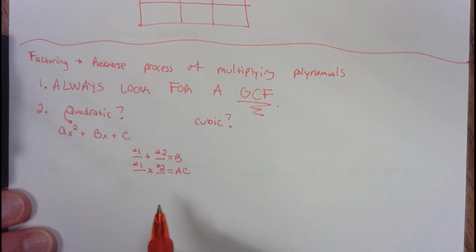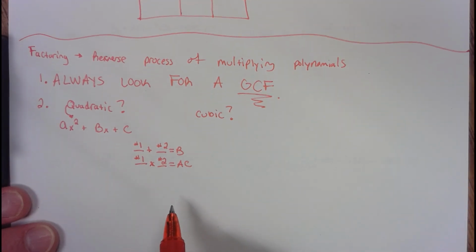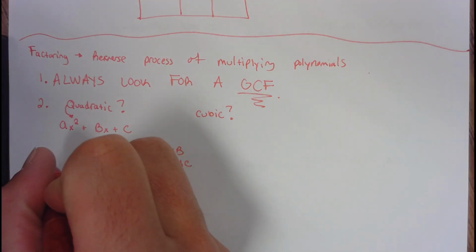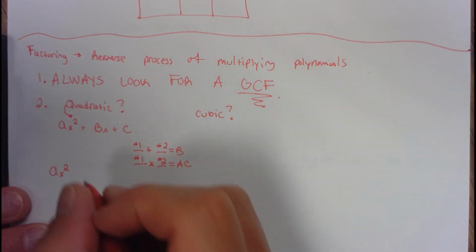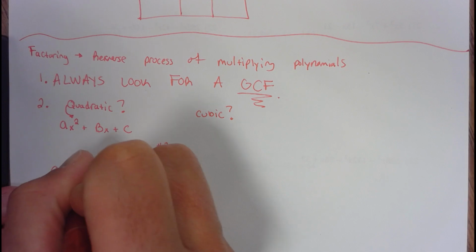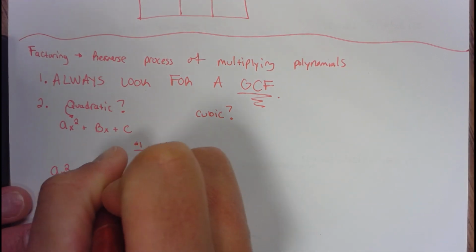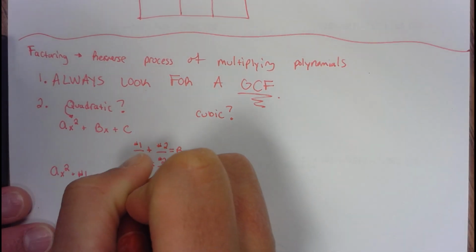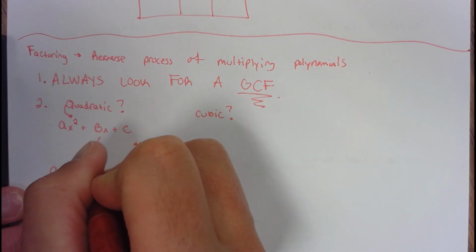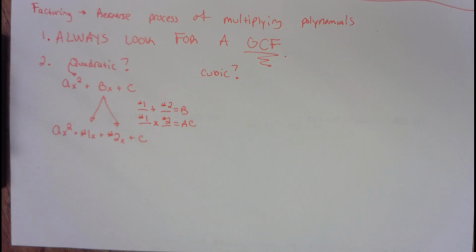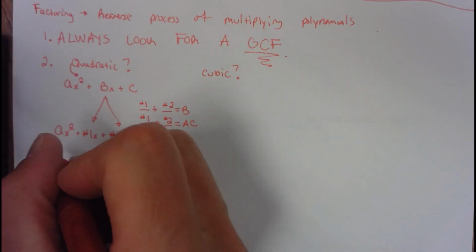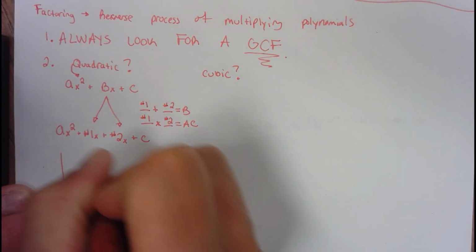When we find these numbers, that's how we get to have 4 terms. Because now we go from ax squared plus bx plus c to ax squared plus number 1x plus number 2x plus c. So that bx splits up into those 2 terms. And now there are 4 total terms, 1 for each place in the box.